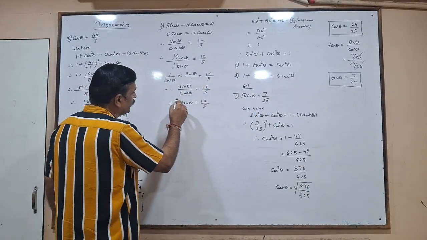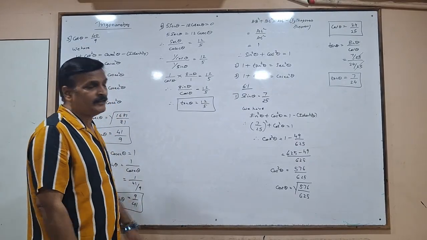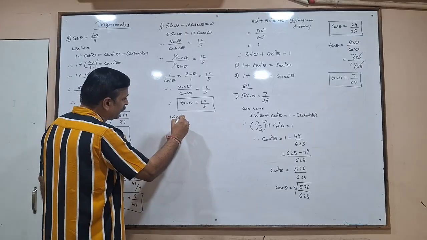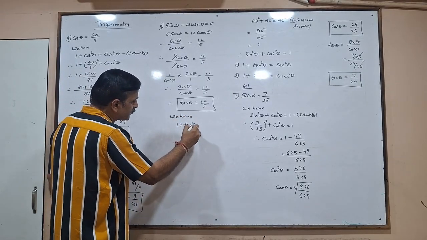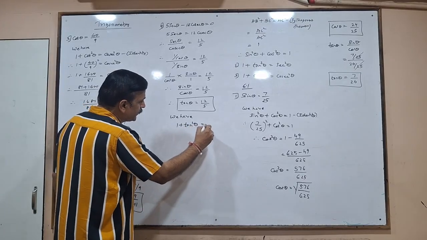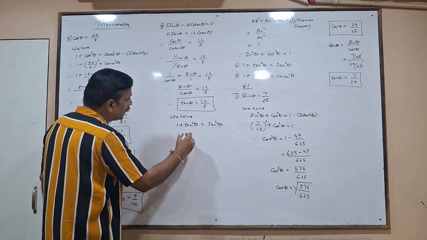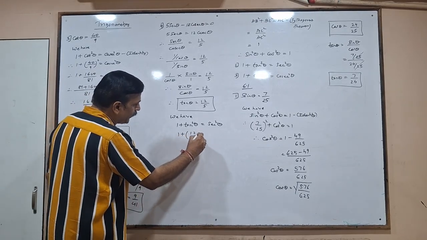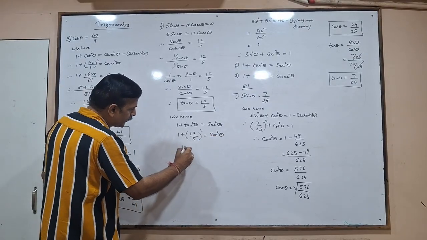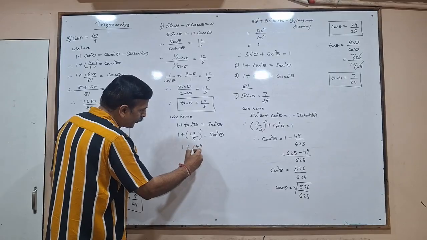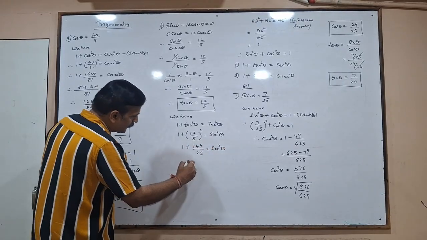We all know we can find sec from tan, because we have an identity: 1 plus tan square theta is equal to sec square theta. So it is 1 plus 12 upon 5 the whole square is equal to sec square theta. So it is 1 plus 144 upon 25 is equal to sec square theta.